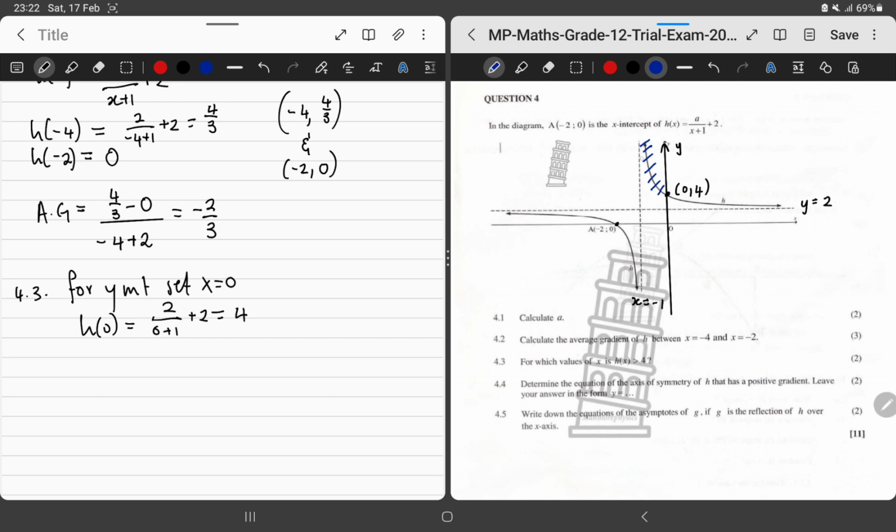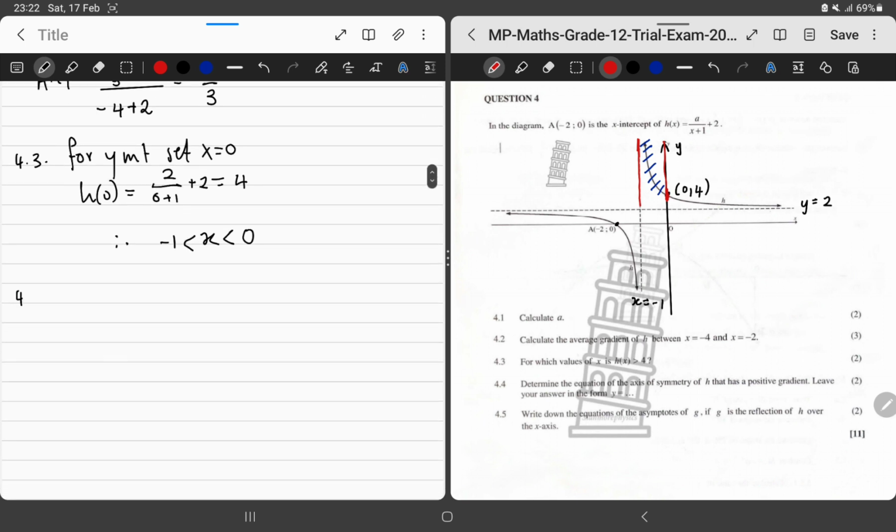So this graph will go up until infinity, but it won't cross over or touch x equals -1. Therefore, my solution will lie between these 2 points, from here to there. So x should lie between -1 and 0.